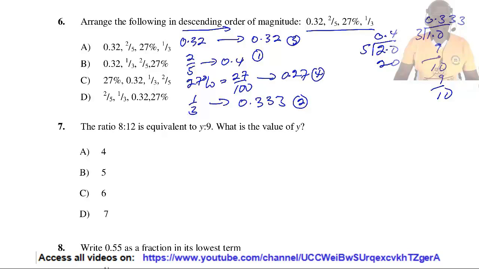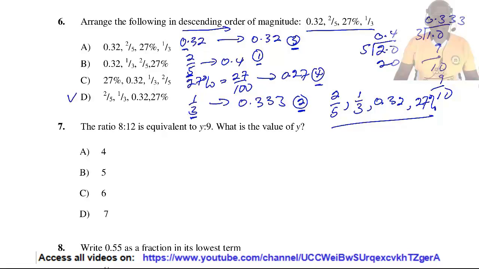So the biggest is 2/5, then 1/3, then 0.32, then 27%. This is the same as the sequence in D, so the answer is D.